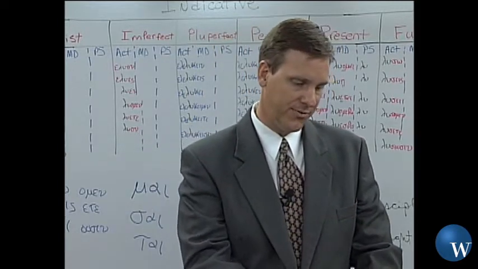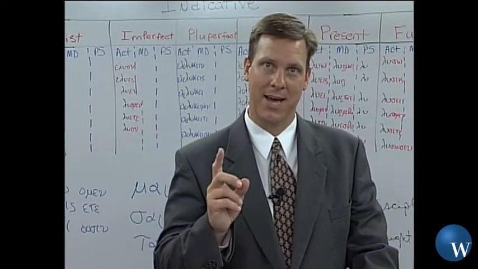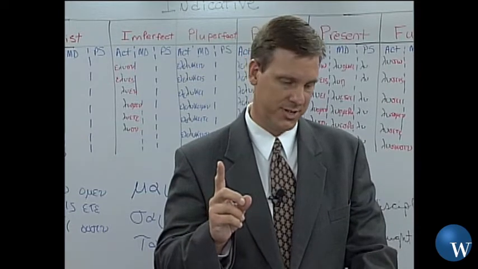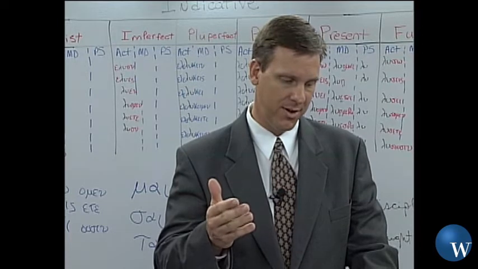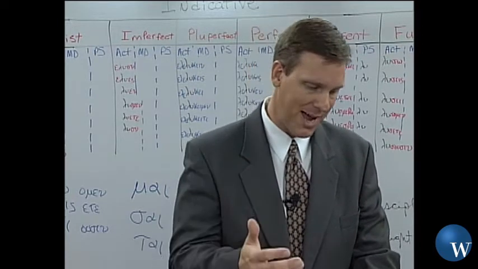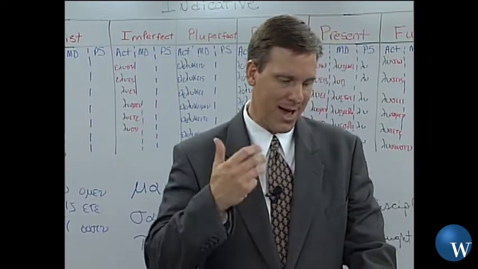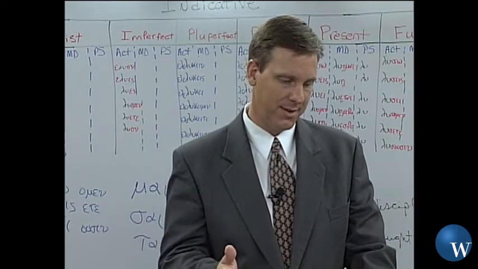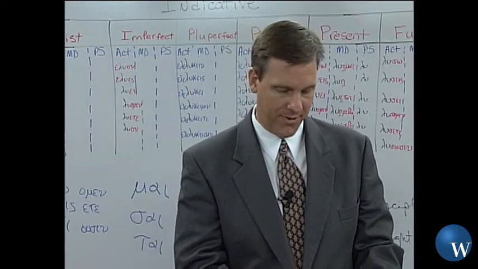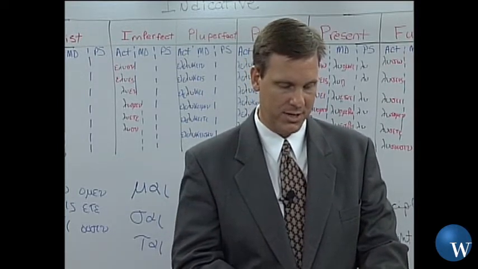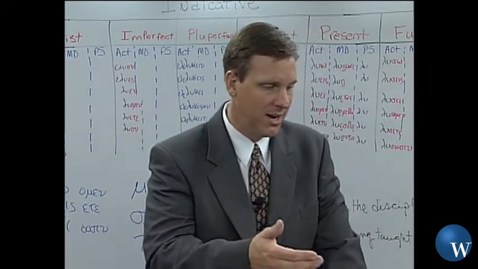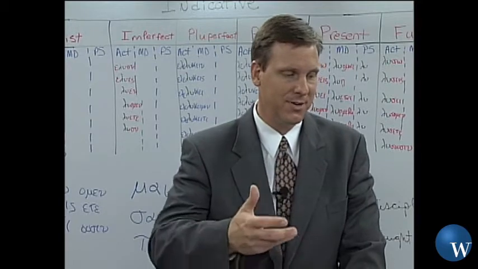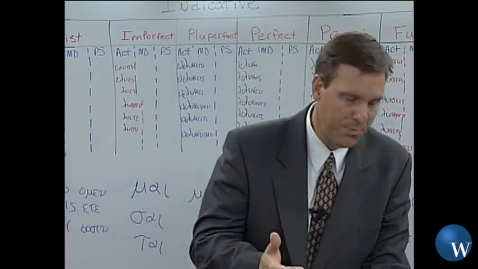Suggested translations from luomai, my is our ending for first person singular, include I am loosing myself, or I am loosing for myself, or I myself am loosing. And then he goes on to talk about the following uses of the middle voice, which represent the general idea of the construction. He mentions there the reflexive middle, the intensive middle, and the reciprocal middle.